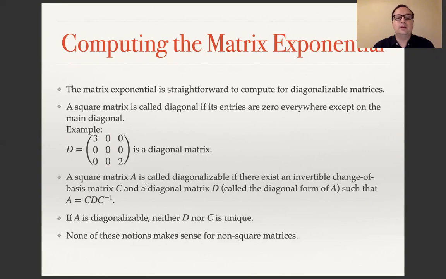More generally, a matrix A is called diagonalizable if there exists a change of basis matrix C, and there exists a diagonal matrix D, which is called the diagonal form of A, such that A is equal to C D C inverse.